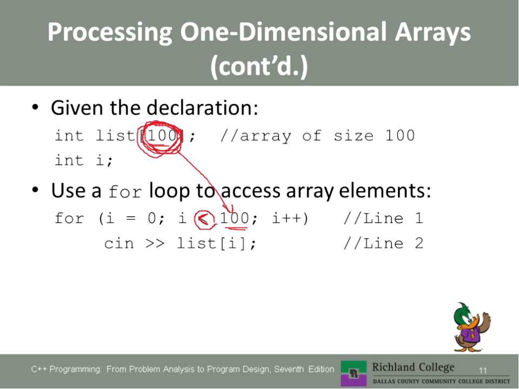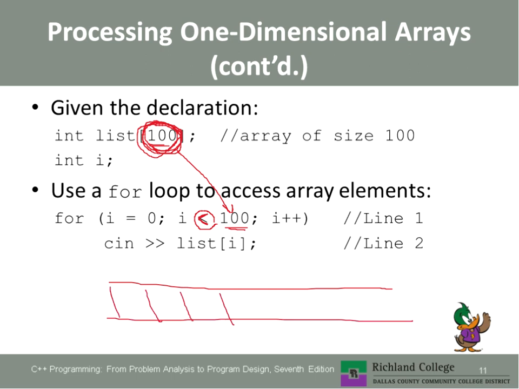In this case, you can see that we're going to be reading into an array one element at a time. So in each iteration, we have all the elements within the array, and we are specifying each location by the index value 0, 1, 2, 3, 4, 5, and so on.